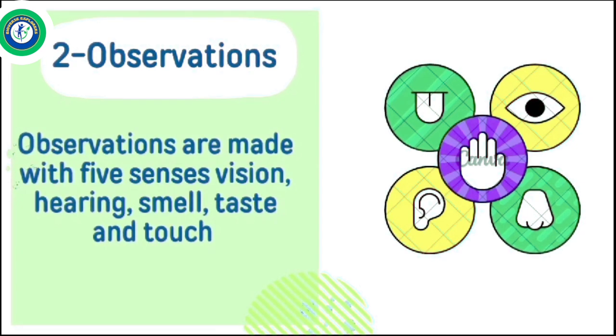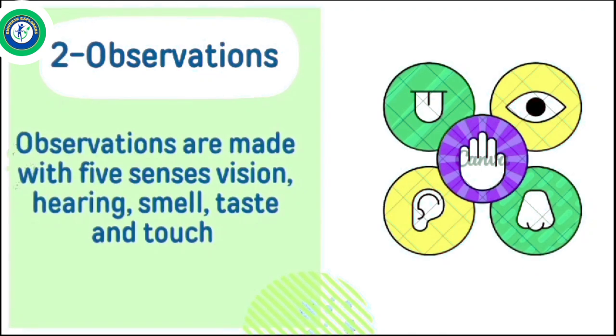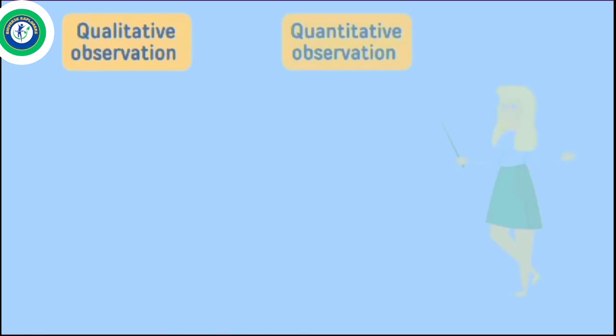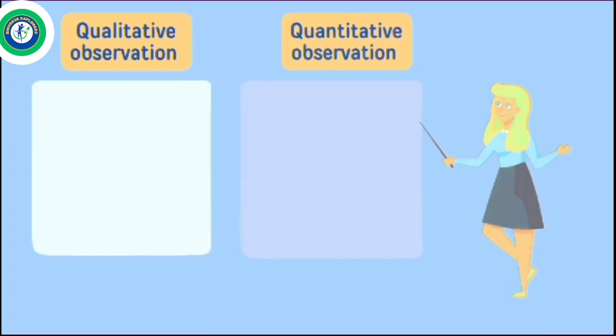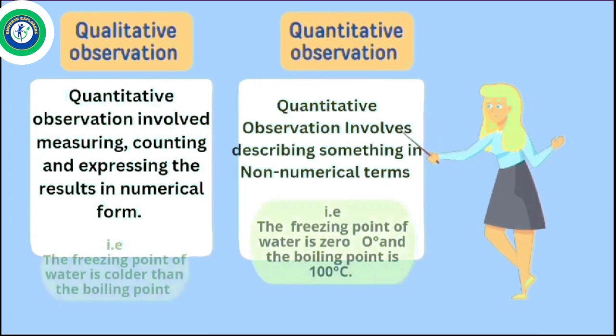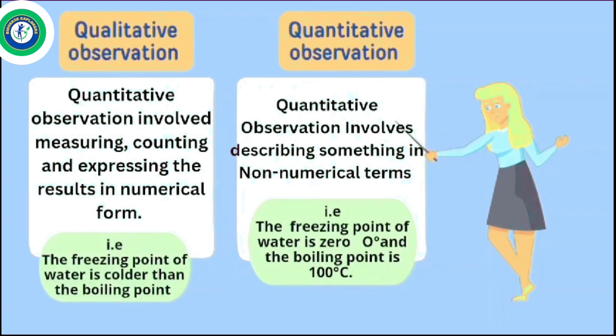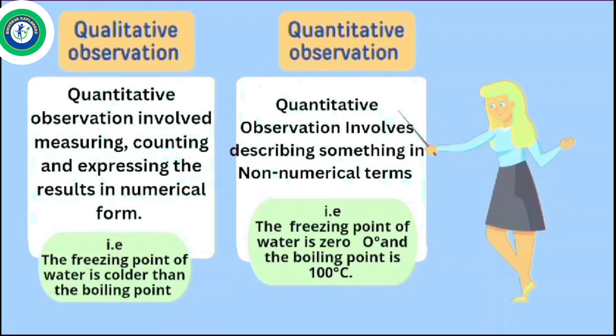Observations are made with 5 senses: vision, hearing, smell, taste, and touch. Quantitative observations involve measuring, counting, and expressing the result in numerical form.